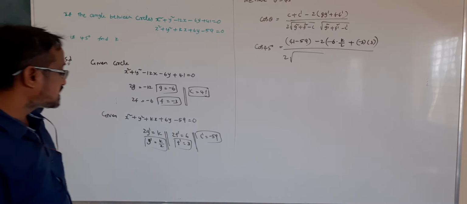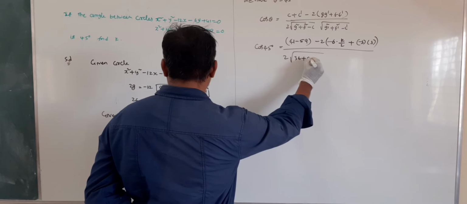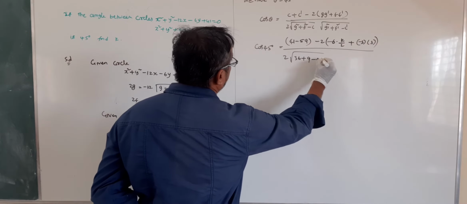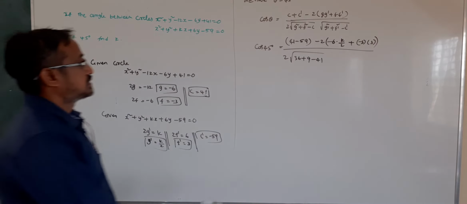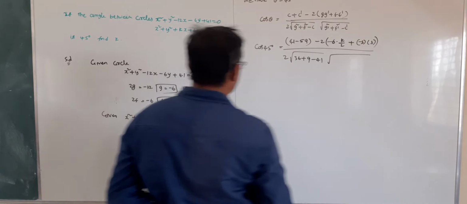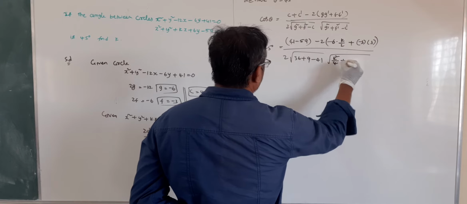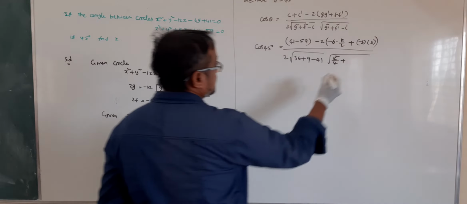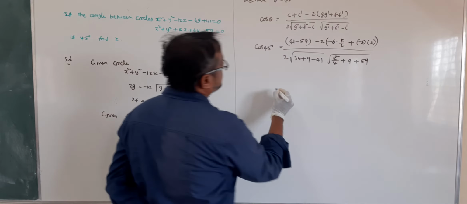g square plus f square minus c. So 36 plus 9 minus 41, into root over g dash square k square by 4 plus f dash square 9 minus c dash, that is plus 59.